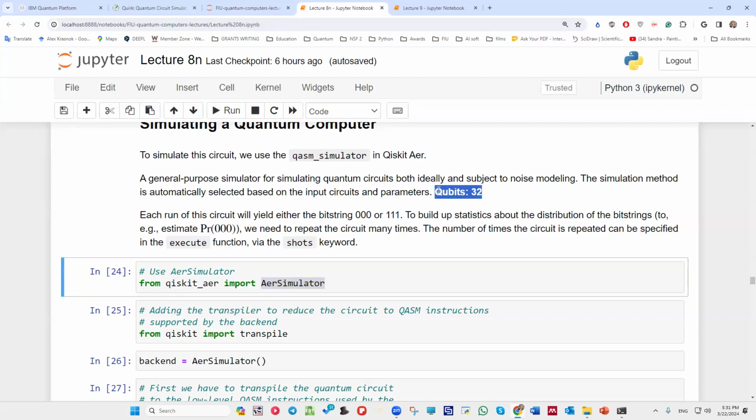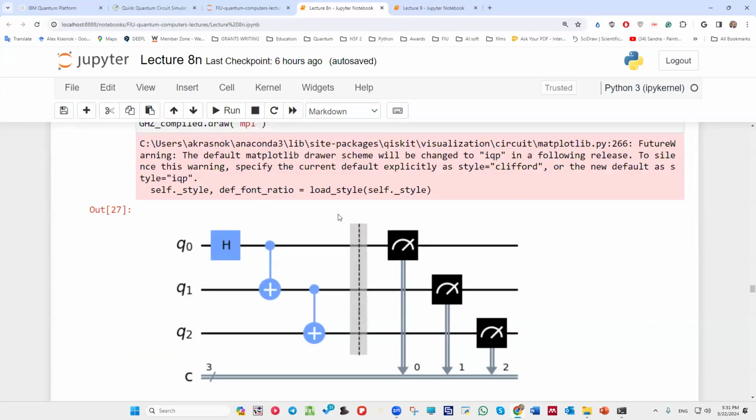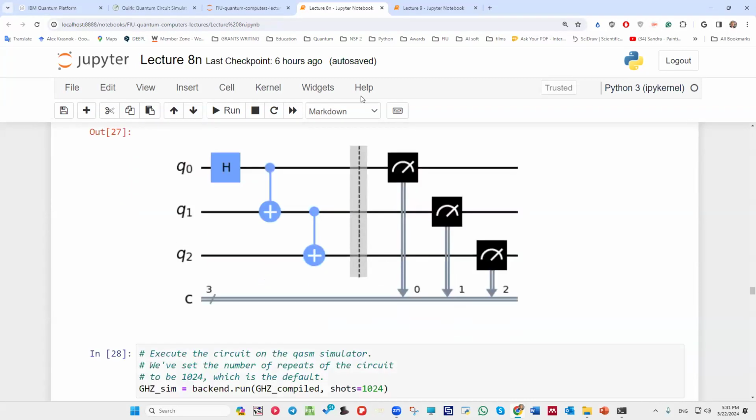We do this calculation on a classical computer, which is why the number of qubits is restricted to such a small number. But it takes into account, for example, noise, errors, and other characteristics that are unavoidable in a real simulation.